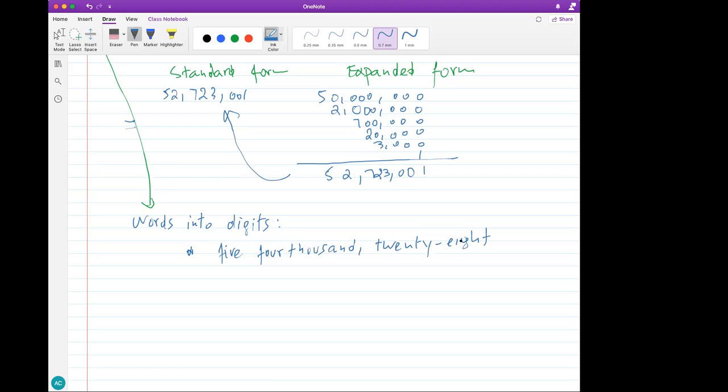This is probably more challenging than digits to words.